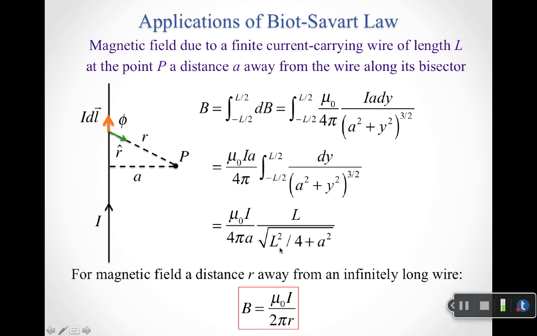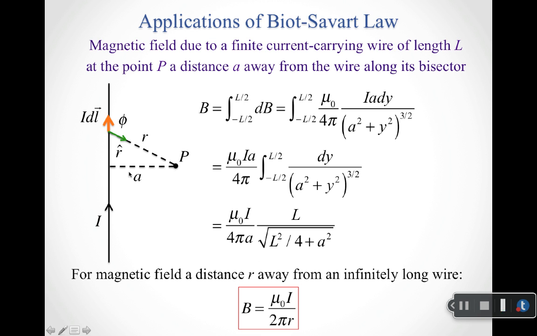In the case that our wire is infinitely long, when I evaluate this term in the limit as L goes to infinity, I end up with this expression. This is going to give me a factor of 2 when I take its limit as L approaches infinity. That 2 is going to cancel with the 4 down here to leave me a 2 pi on the bottom.